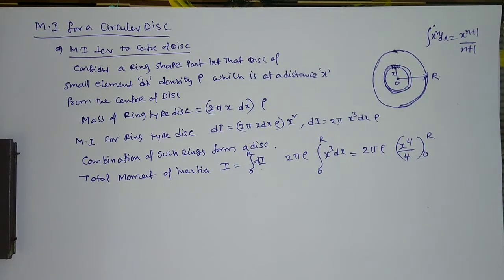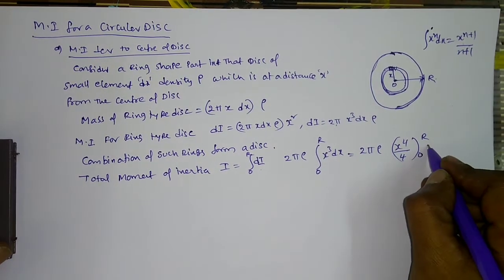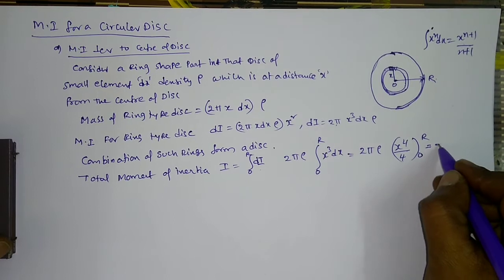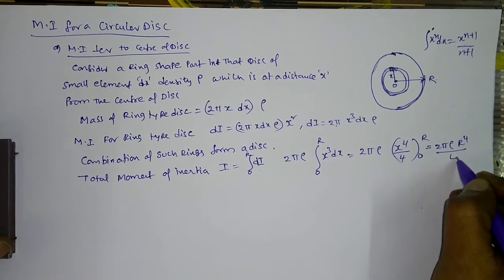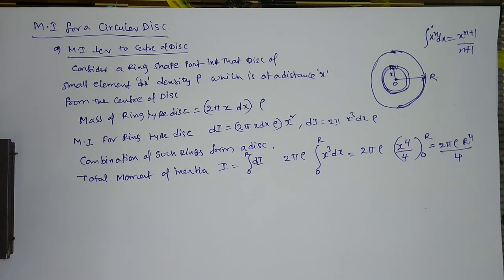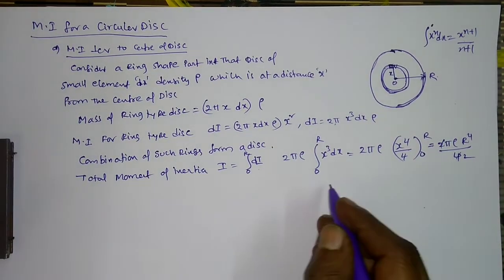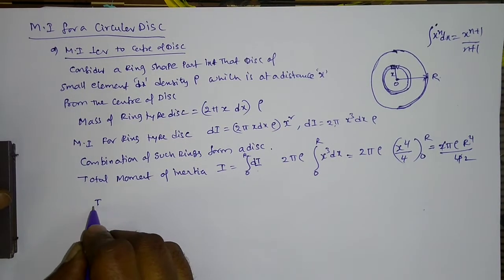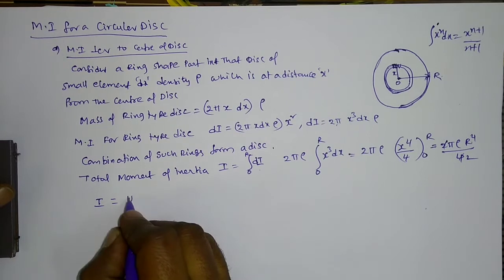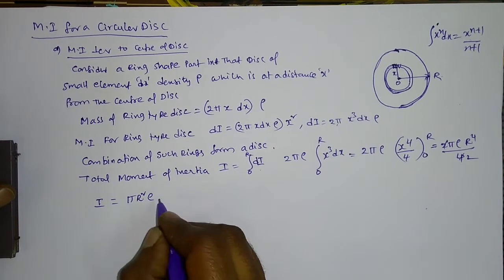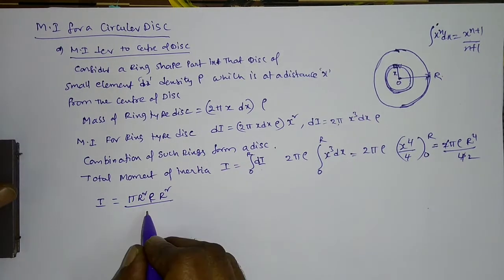Substituting r in place of x, and 0 gives nothing, you write 2 pi rho r power 4 by 4. The 2 cancels with the 4, and you get the moment of inertia I equal to pi r square rho r square by 2.